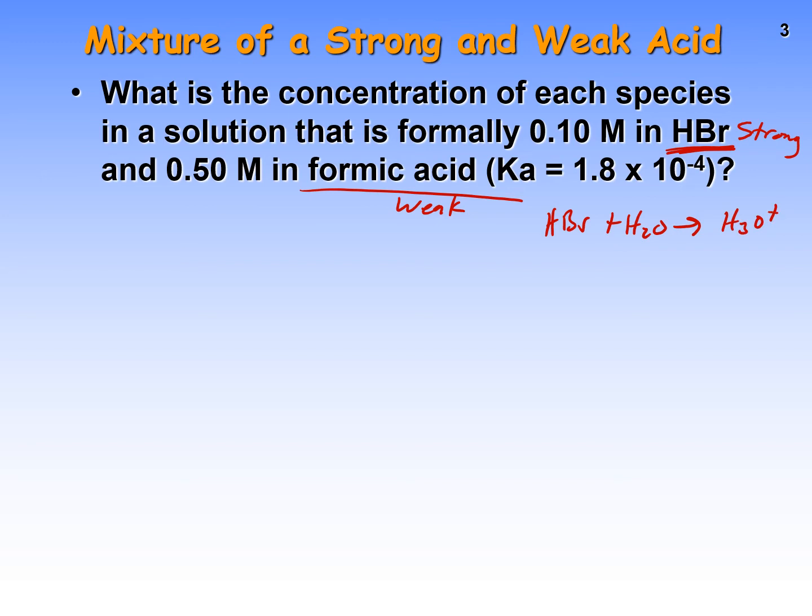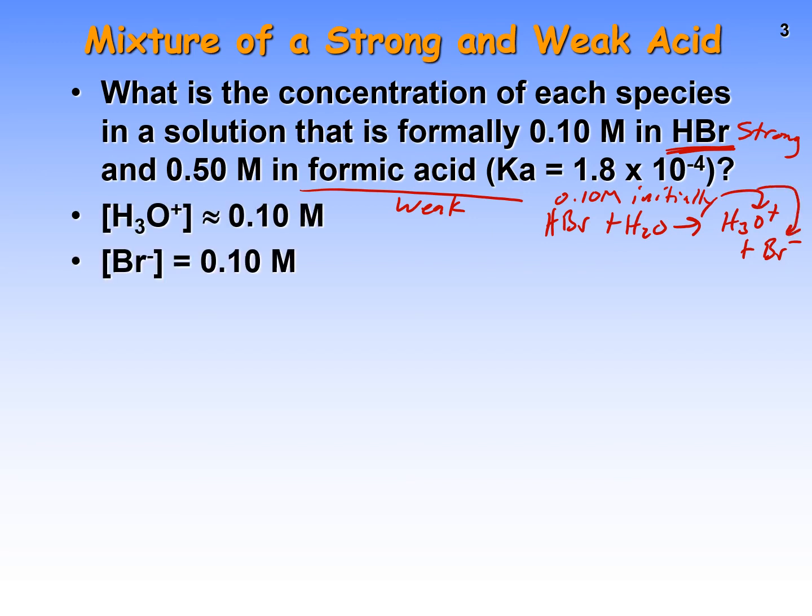So all of our H3O plus is going to be formed from HBr, and all of our HBr breaks up to form it. So basically what this tells me is that because I had 0.10 molar of this initially, I'm going to get that much of both H3O plus and Br minus. And at the end of the day, I won't have any HBr left because it dissociates 100% into these two things.